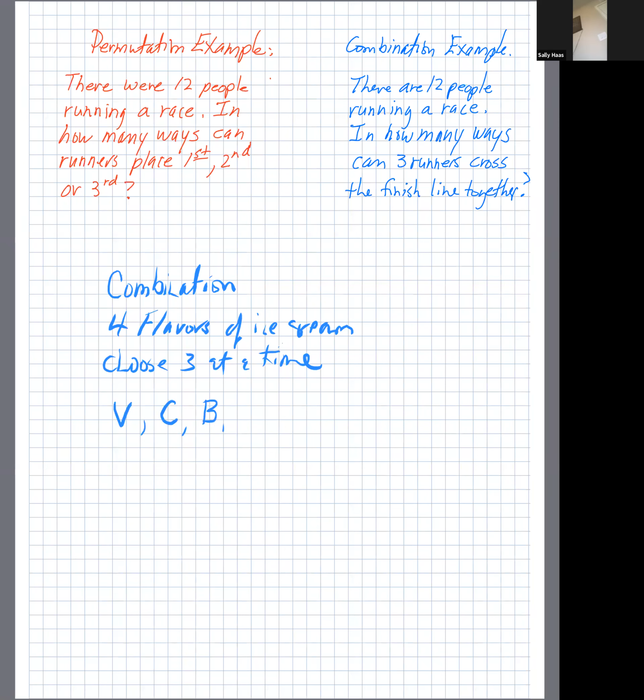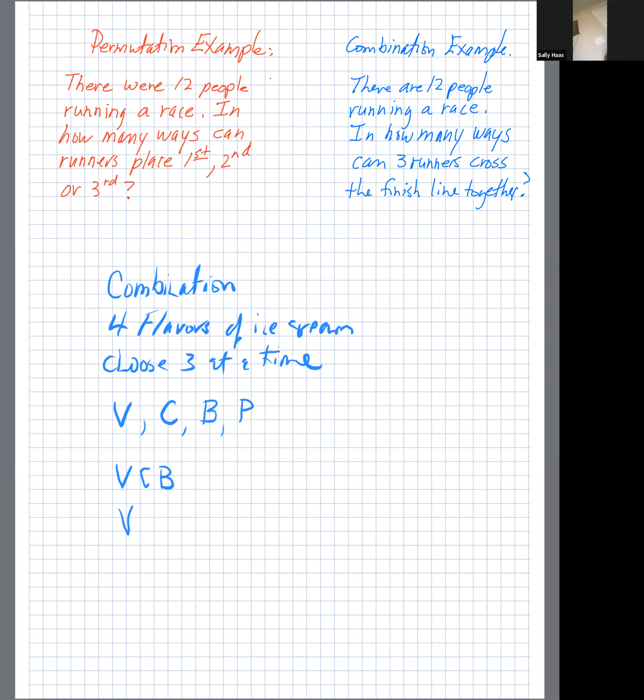So one combination could be B, C, B, right? Another one could be B, C, then what? I could have BCP. Is that right? It's a different combination. You okay? Yep. All right.